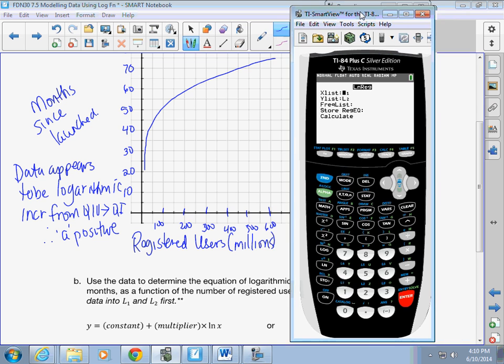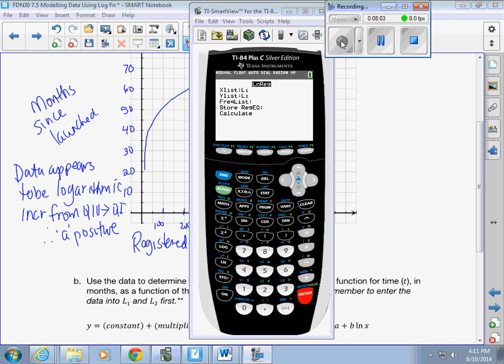Okay, just have to pause for a sec. Okay, so we've got our L1, our L2. We want to calculate. And these ones have my numbers backwards from what I had done. So, not sure what I did incorrectly because I must have some data entered in there wrong.